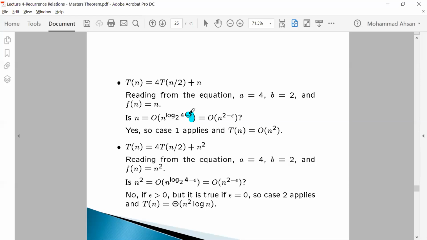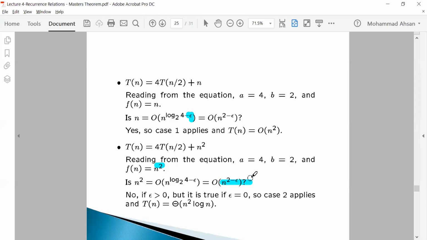Again, n to the log a base b is n square. Your f(n) is also n square. So if you try to apply the first case, you have to subtract some epsilon from n square on the right hand side. If you subtract something, your case 1 will not be true.